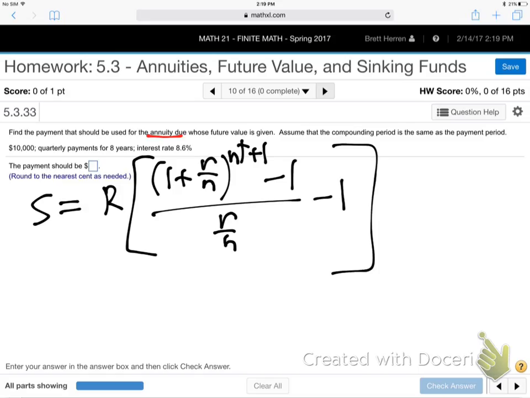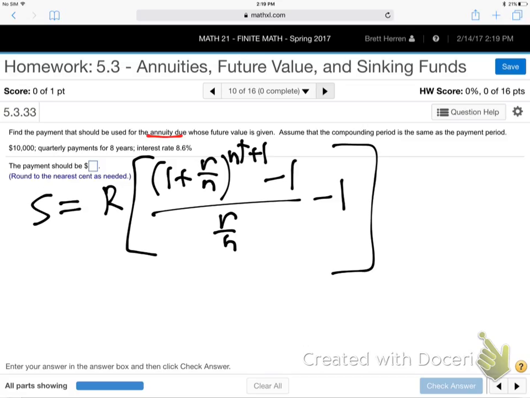There's really only an additional plus 1 in the power and minus 1 at the very back end. That's the difference between the two formulas. Is that good? So it wants me to find the payment. So I'm going to solve for R, aren't I?